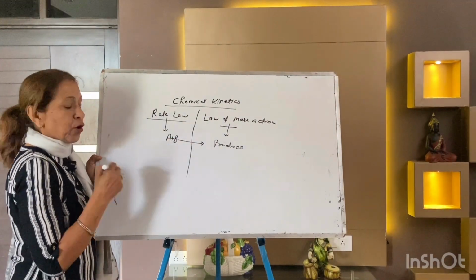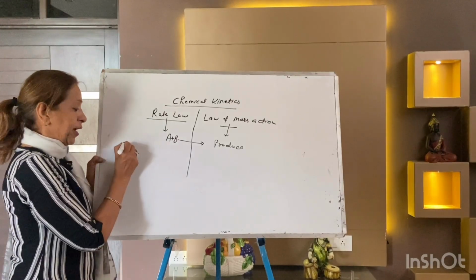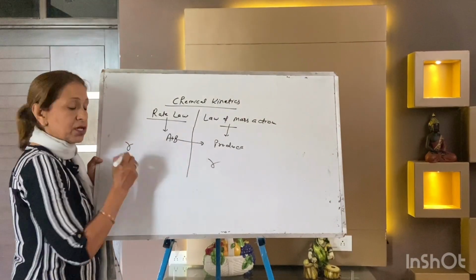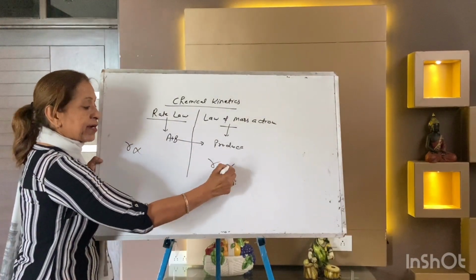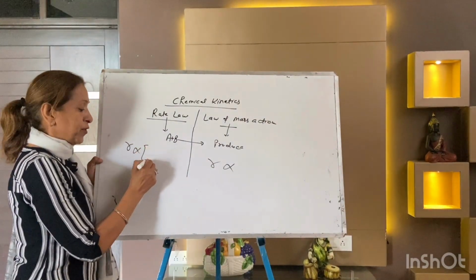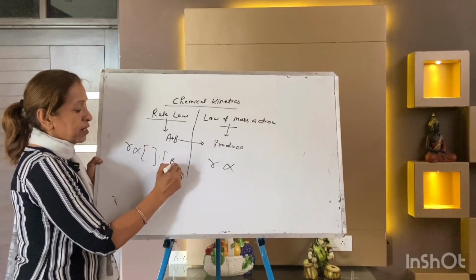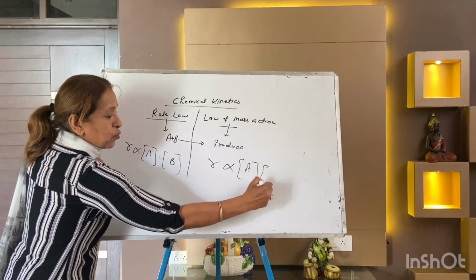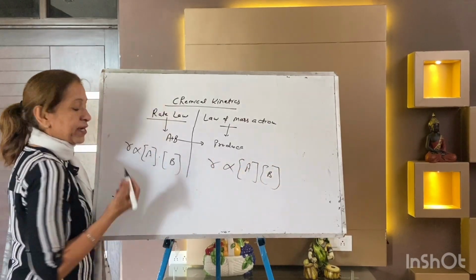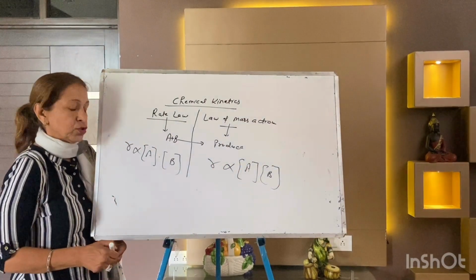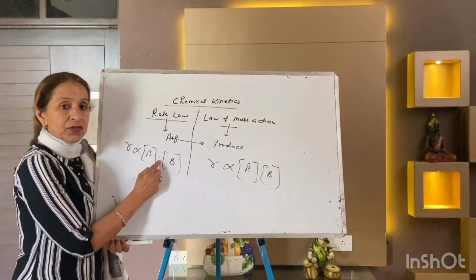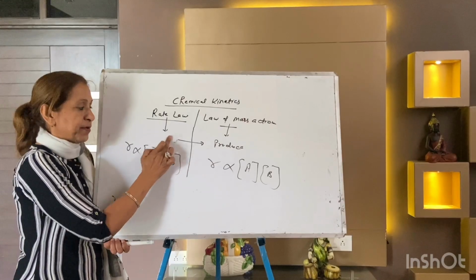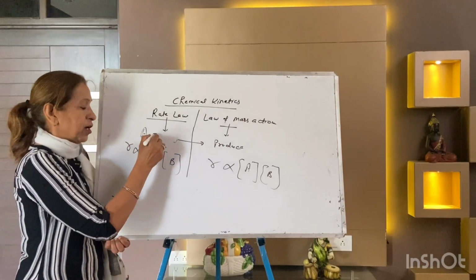Now according to rate law, and according to law of mass action, the rate of the reaction is directly proportional to the product of the molar concentration of the reactants. According to both laws, the theory is the same: the rate of the reaction is directly proportional to the product of the concentrations of the reactants. These are two reactants, A plus B, and I am writing it in a very clear way.